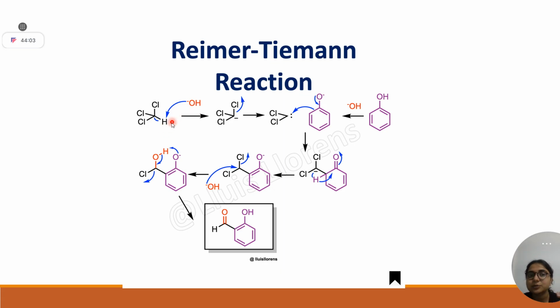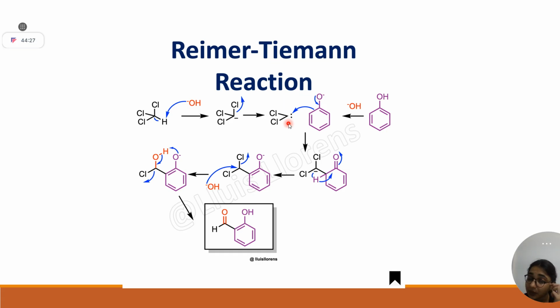Base will abstract this proton. After abstraction of this proton, it will become negative. Carbon having negative charge, but having halogen also. Halogen obviously will leave like Cl negative. Carbon having both positive and negative charge is equivalent to your carbene. Carbene is electron deficient. Why? Because it is a 6 electron species.